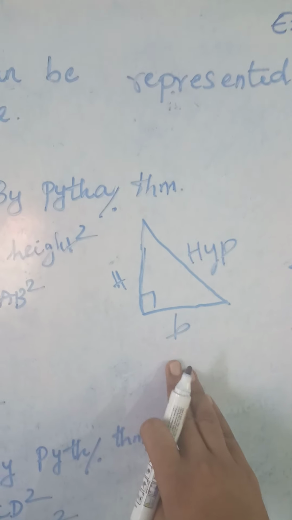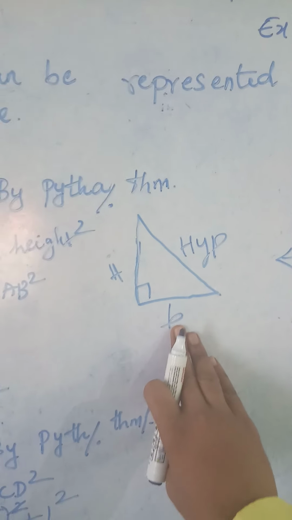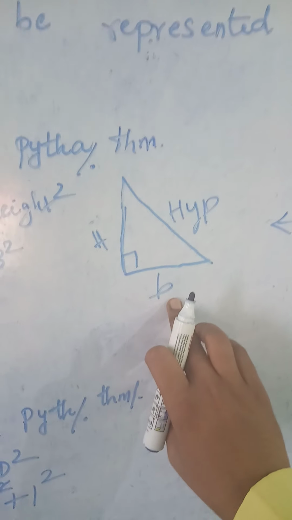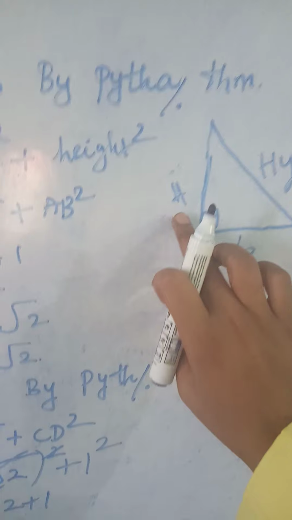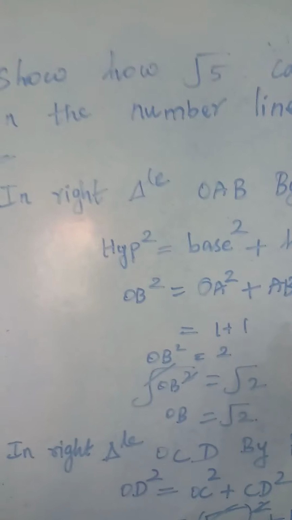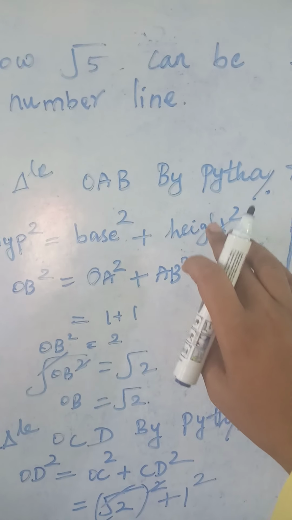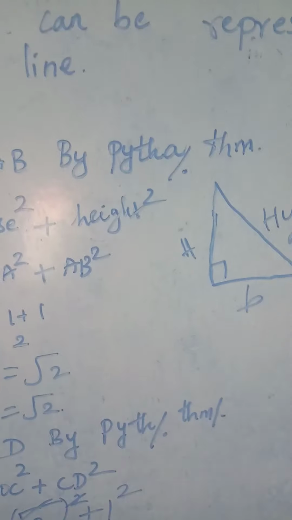Now we can see, hypotenuse square is equal to base square plus height square. Okay.